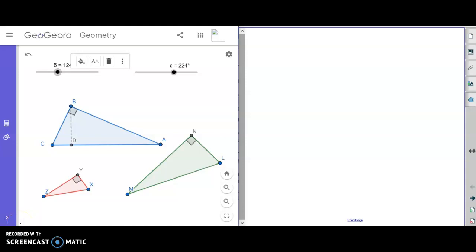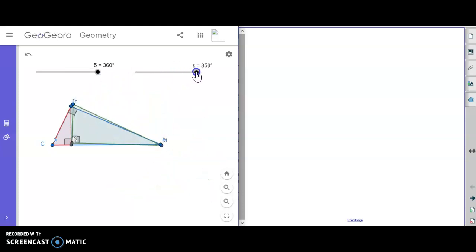Alright, our last ratio we're going to look at in Chapter 8 is the ratio created by a right triangle ABC, with the right angle at B, when we draw an altitude down from B. Remember, an altitude makes a right angle, so not only do we have the right triangle ABC, but I have that right triangle that fits right in there, and I also have this right triangle that fits right there.